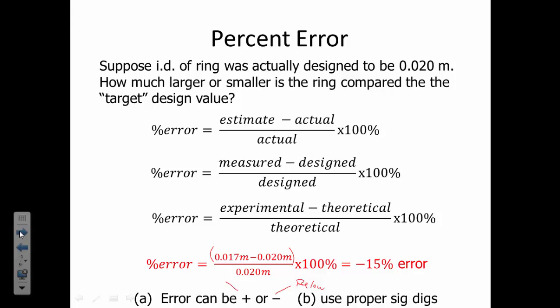All right. If it's positive, that means your measured value, your experimental value is above your target value. It's too high. So positive means your number is too high. Negative means your number is too low. Also remember to round your percent error using number of significant digits. In this case, we were using 2 significant digits, and so I rounded my final answer to 2 significant digits.